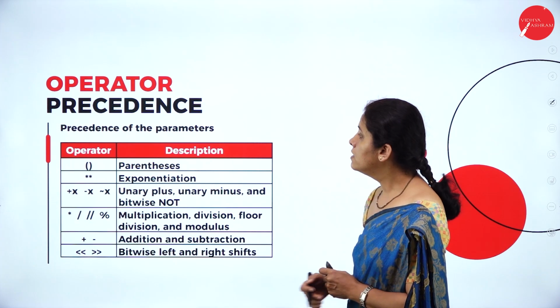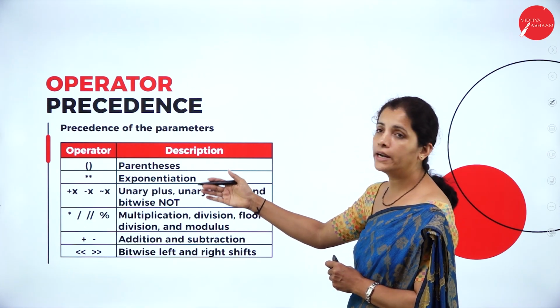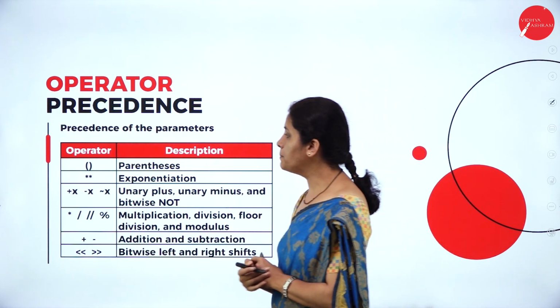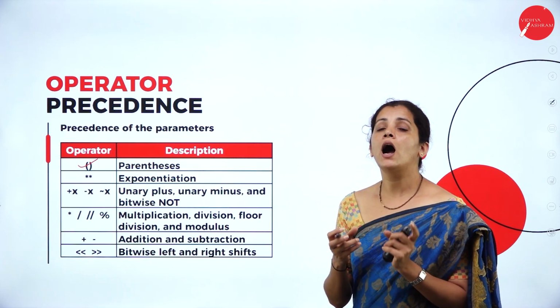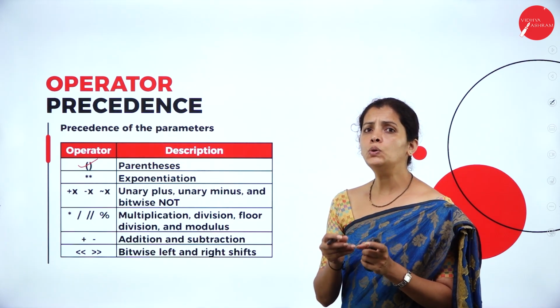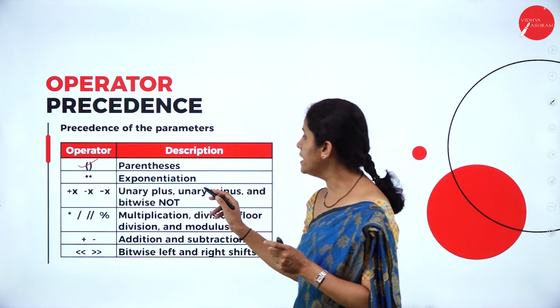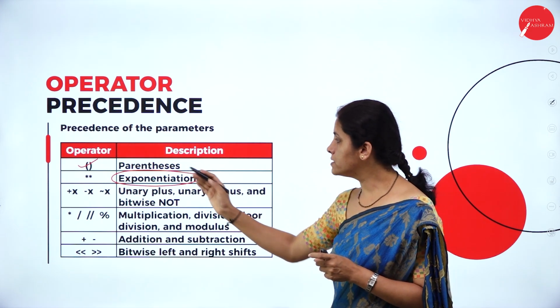And see here, I have an example of operator precedence. If I consider parentheses, they have the highest precedence. And the double star, that is the exponent, has the next precedence.